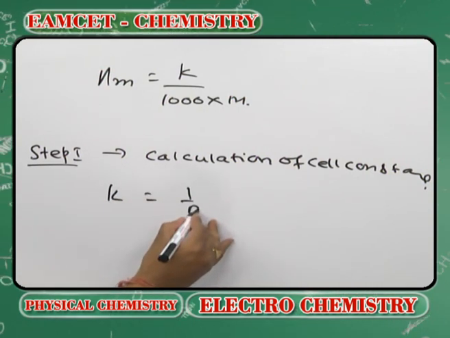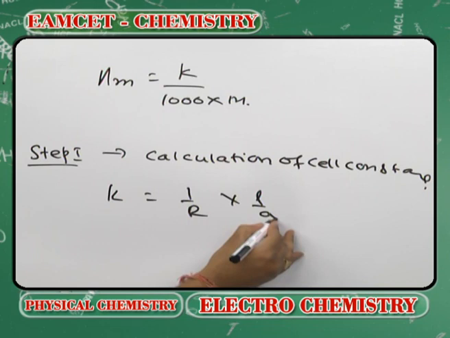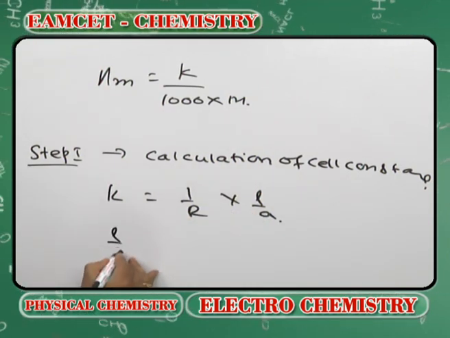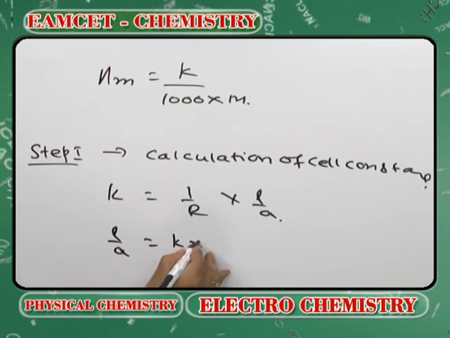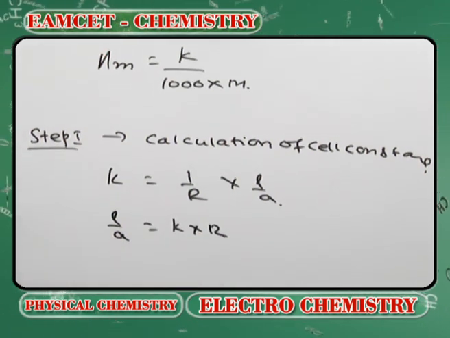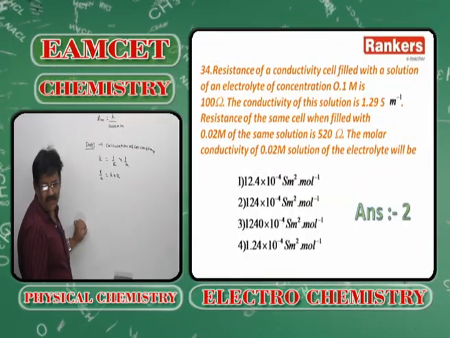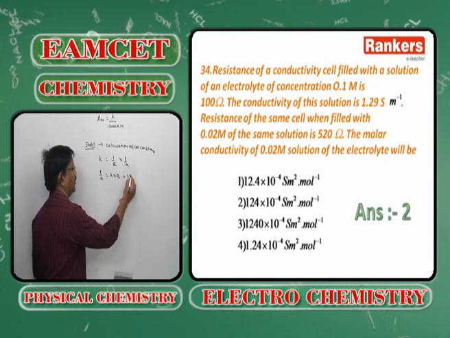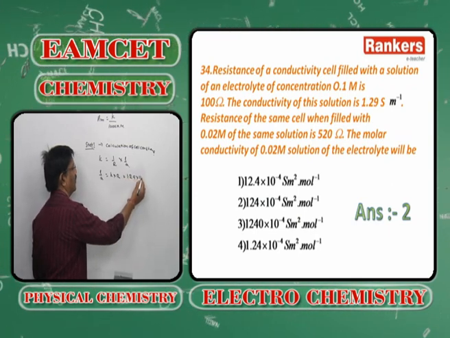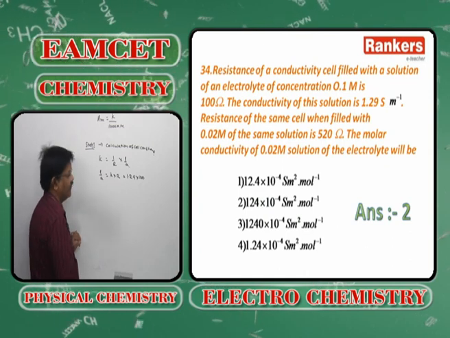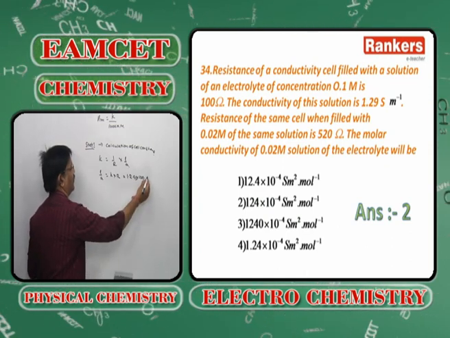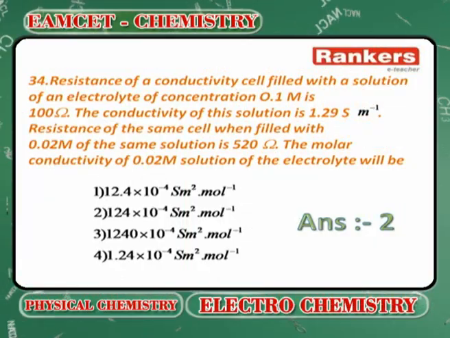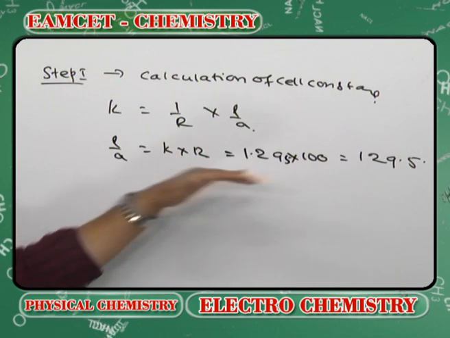K is equal to 1 by R into L by A. So L by A is equal to K into R. What is K in the first equation? K is equal to 1.295 and R is equal to 100. So 1.295 into 100 is 129.5. This is the cell constant value.